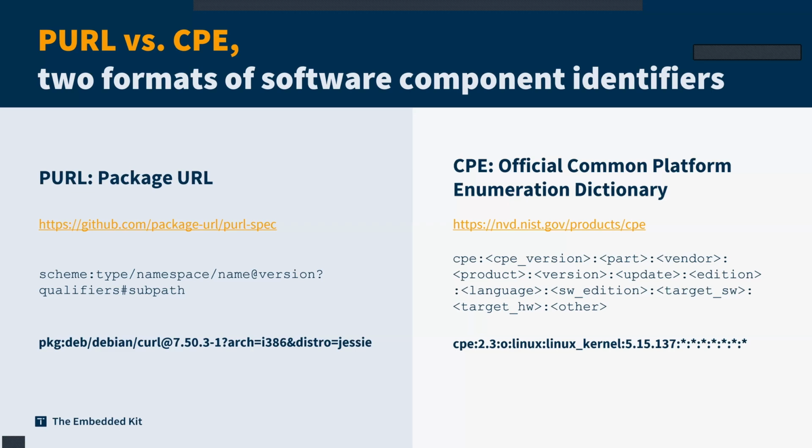So that means you have a dictionary somewhere in the NIST database, which is available through a publicly available API that lists all the different components. In the format, you will find more or less the same type of information: the version of the model, the vendor, the product, and the version of the component.